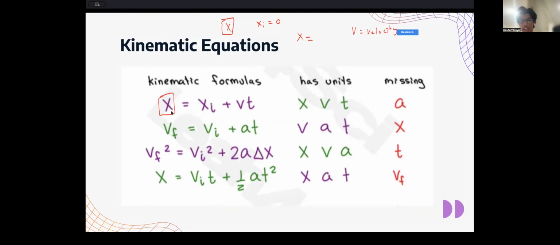If a car is going 30 meters per second for 3 seconds, we did a problem last time. Or let's say Bob is going 10 meters per second for 3 seconds.